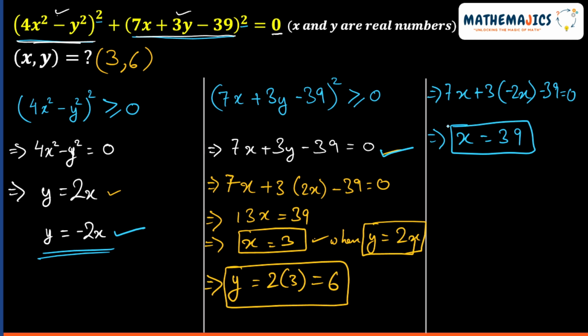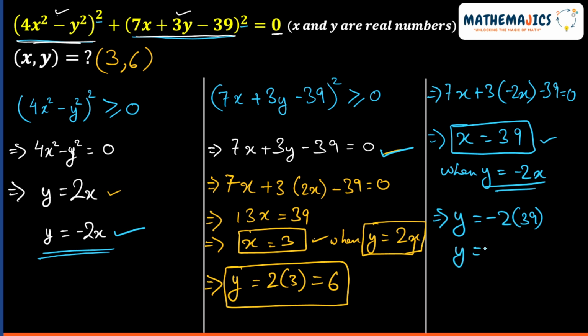Now, when y is negative 2x, x is 39. That means what will be y? y will be negative 2 times 39, which will give us y equals negative 78. So one more possible solution we have found out, that is when x is 39, y is negative 78.